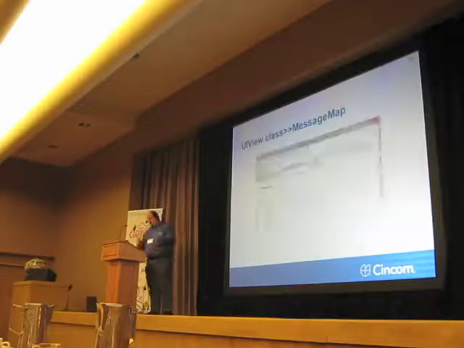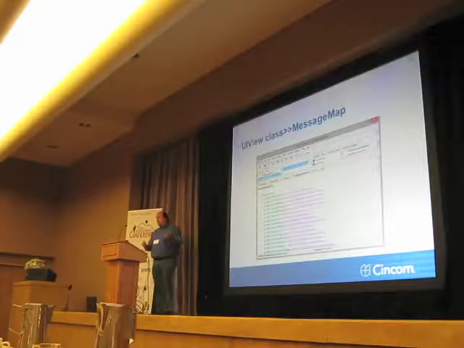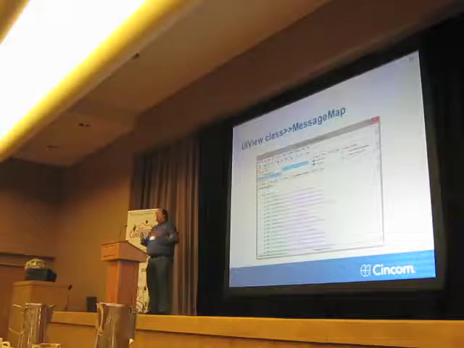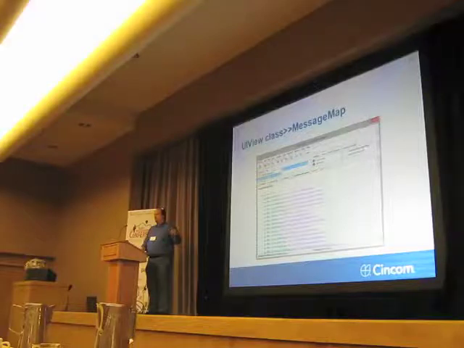The message map. We are right now subscribing to about 800 Windows events, which we may or may not be interested in. It depends on the widget itself. The nice thing about it is, if you want to extend it and you're interested in different Windows events, feel free to go ahead.